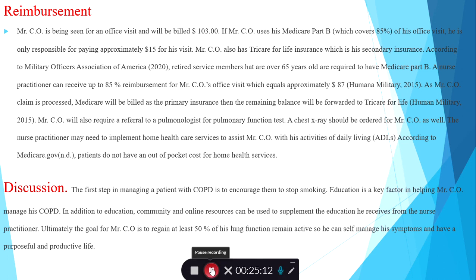For office visits, nurse practitioners can receive up to 85% reimbursement. So for the office visit for Mr. CO, the approximate reimbursement that the nurse practitioner can receive is $87. The nurse practitioner will also need to refer Mr. CO to pulmonologists for a pulmonary functions test and also a chest x-ray.